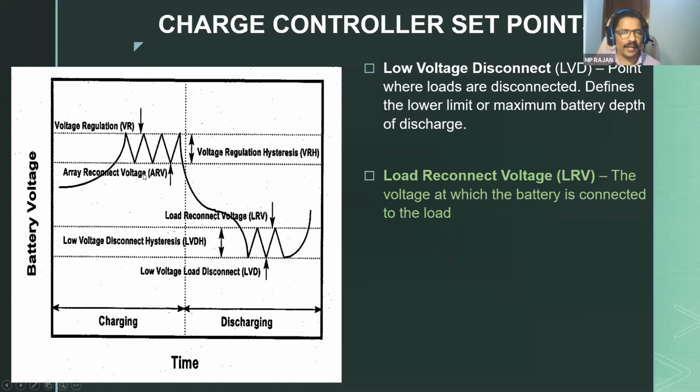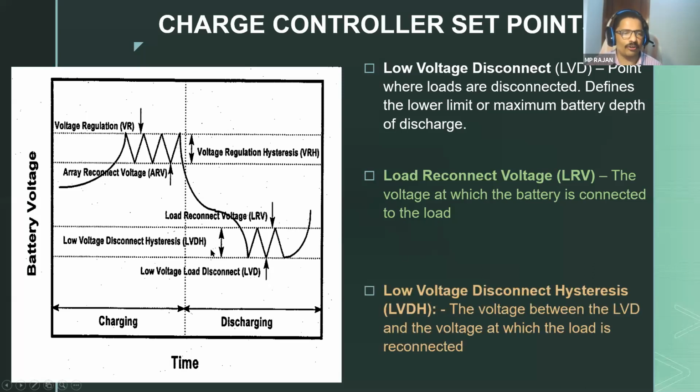ARV is the point where, after the load is connected, the voltage is coming down and the battery is coming down; from there again it is going to be connected. That point is called array reconnect voltage. The voltage at which the load is disconnected is called LVD, and the voltage at which the load is reconnected is called LRV. And this voltage span is called low voltage disconnect hysteresis.